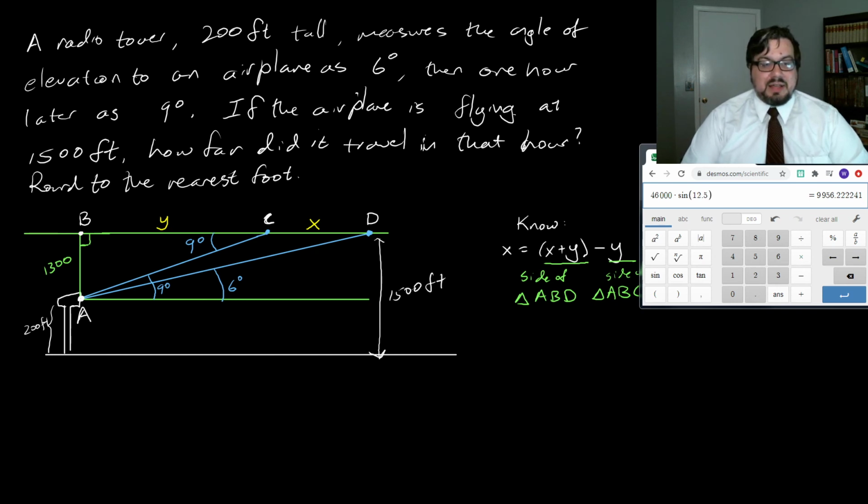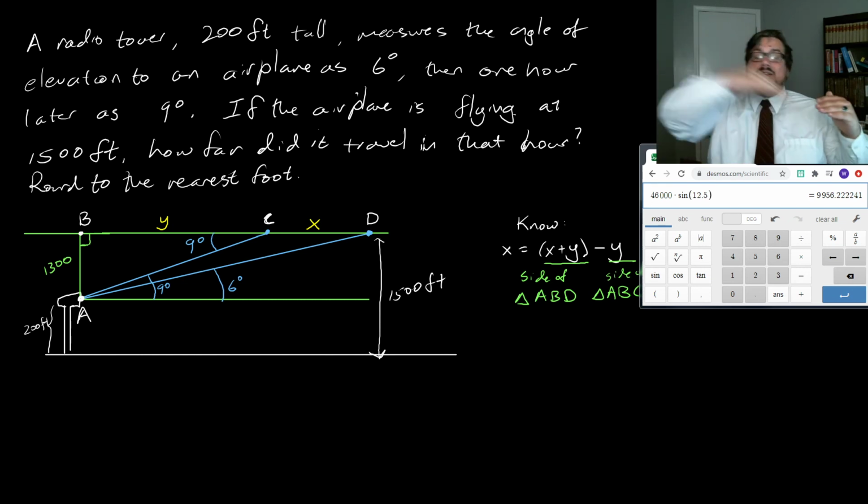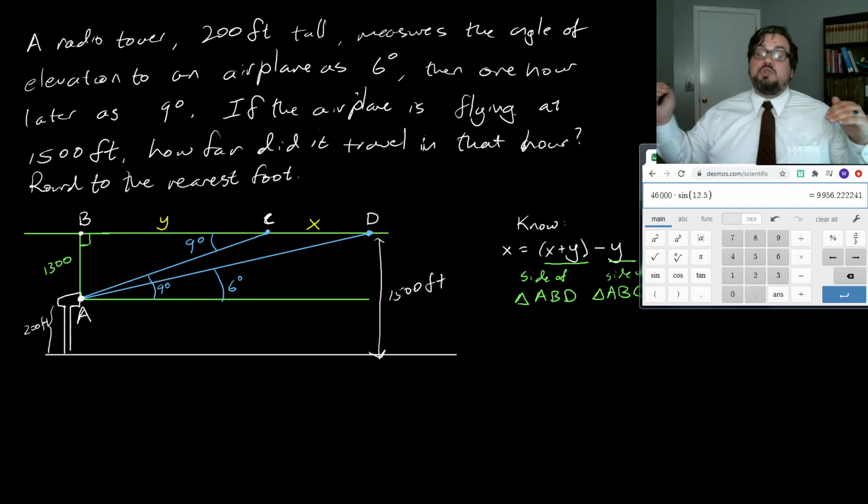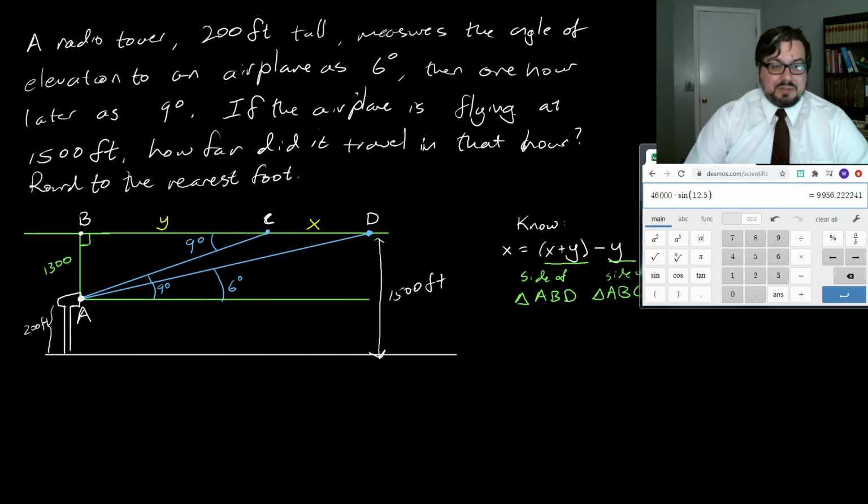So the 9-degree angle at A is the same measure as the angle at C because they are formed by a single line that crosses the 2 parallel green lines. So we can get that angle there.